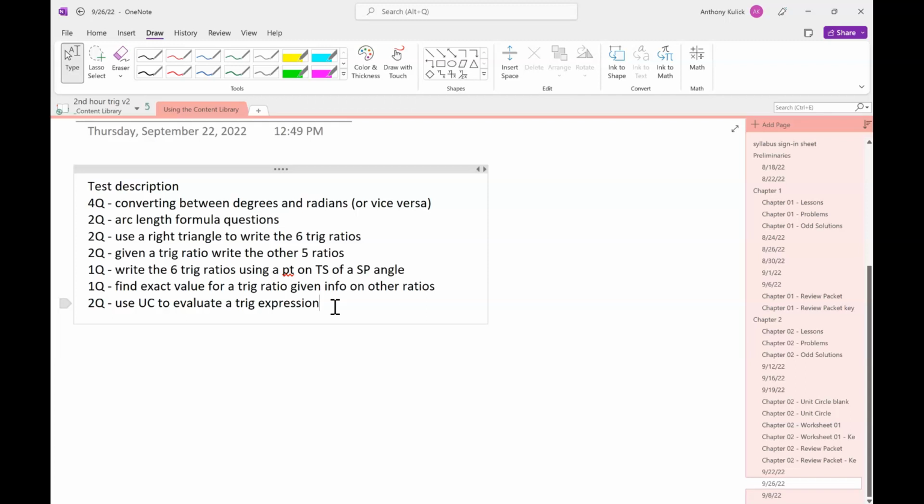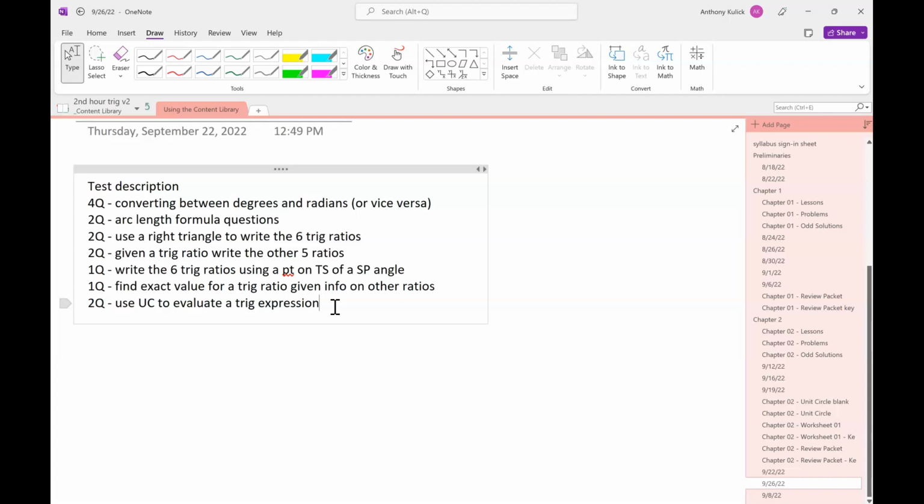Take a minute here and talk about stuff you'd certainly want to have on your equation sheet, right? On your notes. I would definitely want the conversion factor between radians and degrees, so I know which one to use going which direction. I'd certainly want the 2 arc length formulas, detailing what the letters mean in the formula, so I'm able to put the right numbers in the right spots.